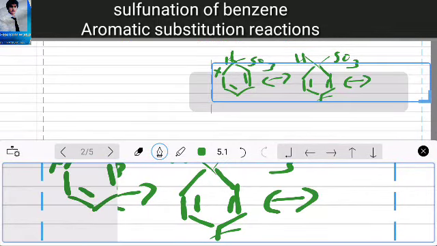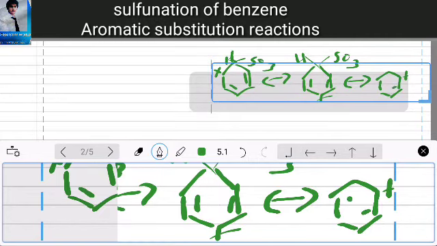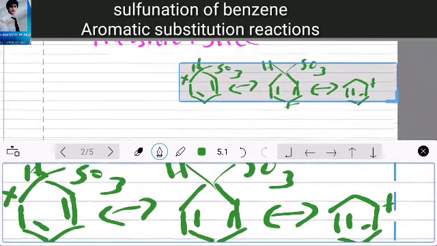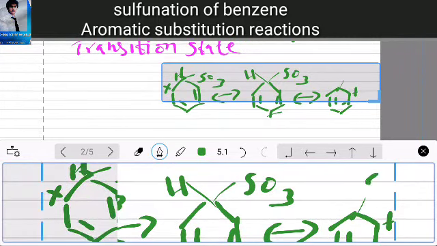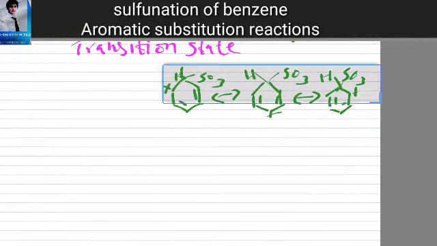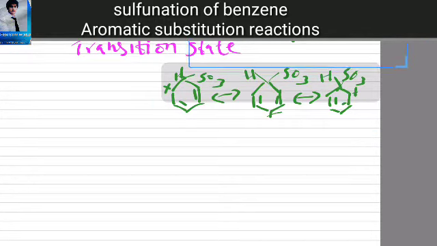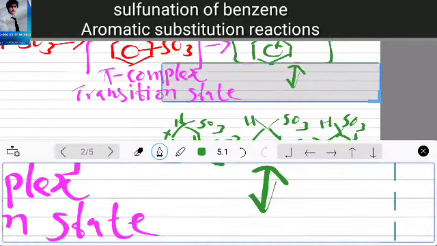It is again converted into another resonating structure. The positive is here, the pi bonds are here and here, SO3 and H. So instead of these three resonating structures, we can write it in this way.